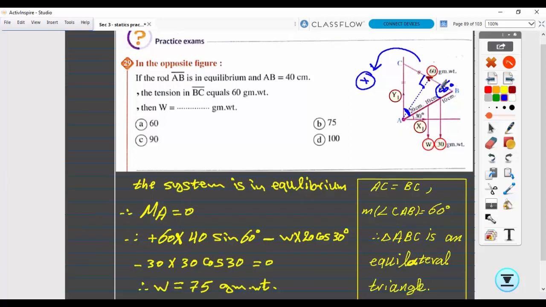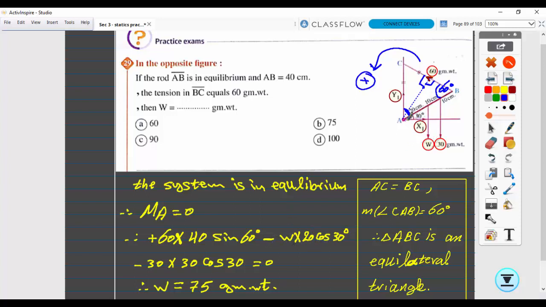Now we know the measure of angle B, and we know AB. AB is the hypotenuse in this triangle here. So you can say that the length of the perpendicular distance from A to BC equals 40 sine 60, minus W multiply 20 cosine 60.